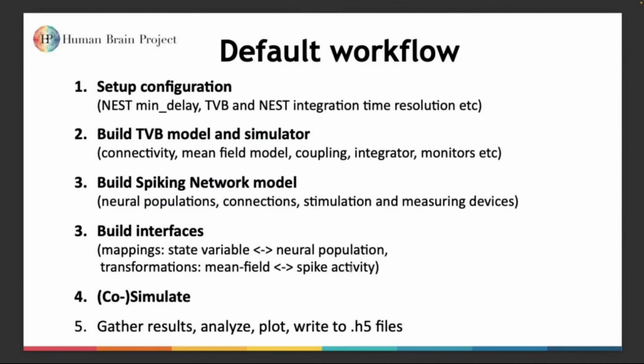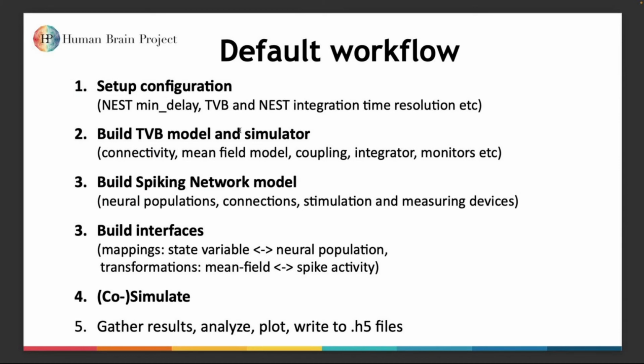The default workflow, what we usually do in order to generate co-simulation is, first of all, we need to configure a configuration that decides the main parameters of co-simulation. Most importantly, the integration resolution, the time step of the simulation, as well as the synchronization time between TVB and Nest.